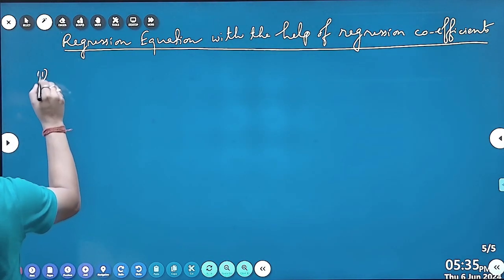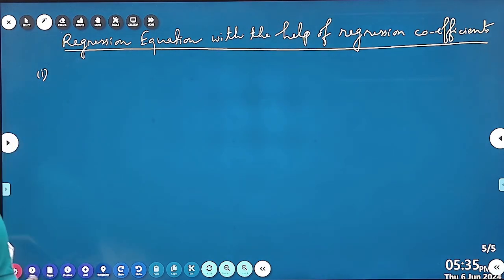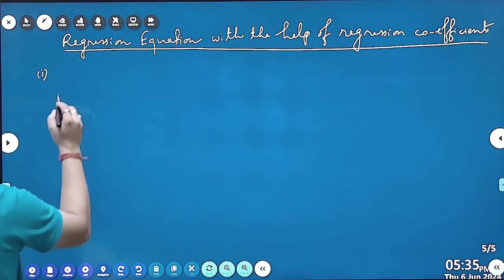Now there are two different equations, almost they're similar. I'll do only one, the other one you'll understand yourself.